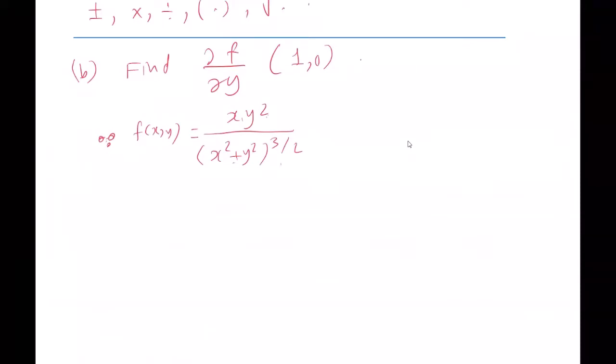Let's go on, Sama. First it will be 2xy over the denominator. What rule do you use? Differentiate normally, but x will be a constant. Yes, consider x as a constant, exactly.